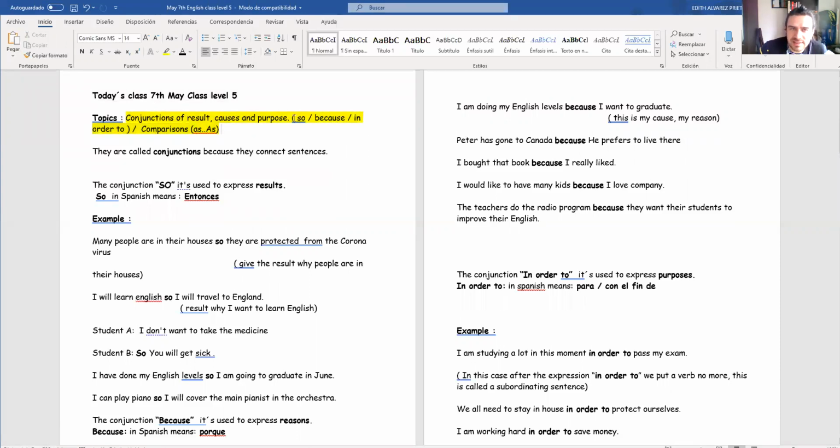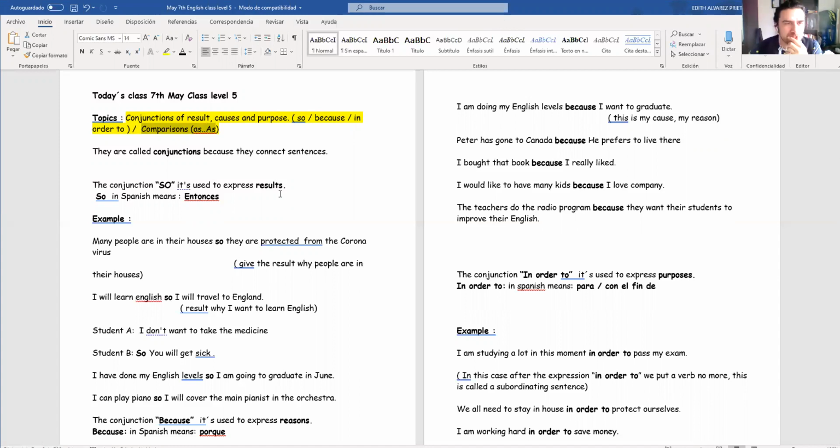Vamos a aprender a manejar esos tres. So, conectores, ¿no? Conjunctions connect sentences: so, because, and the expression in order to, okay? That is the first topic. And also, we are going to learn how to use comparisons. Vamos a aprender a usar los comparisons, okay?